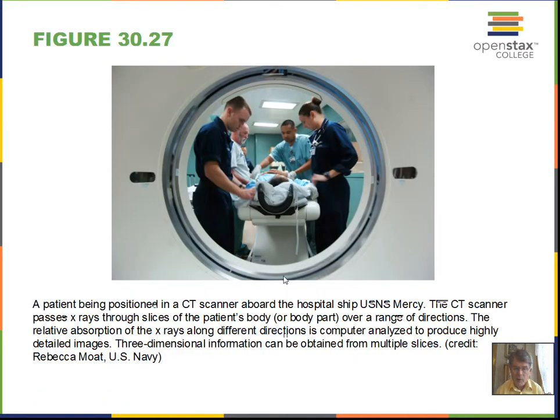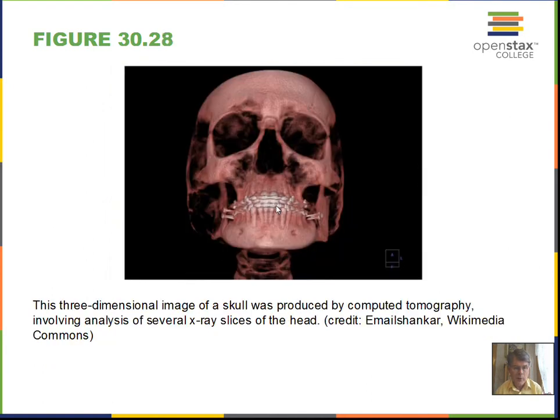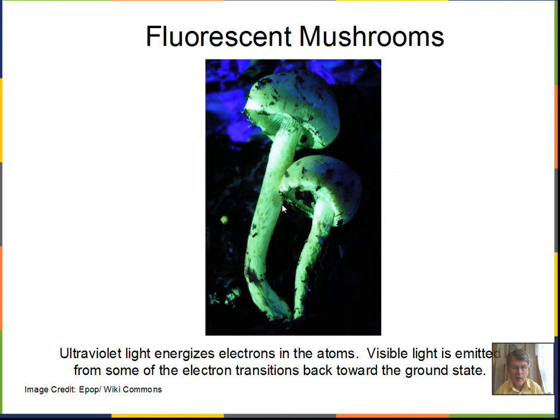There can be computer-controlled X-rays where the X-ray is beamed through in many different directions, and the amount of X-rays that continue on through are recorded, and a computer will make a slice, a three-dimensional image of the patient. Another X-ray here, again, three-dimensional recreation is possible with those X-ray machines.